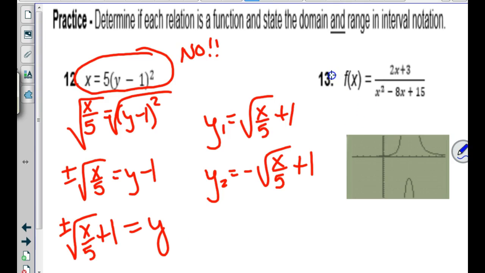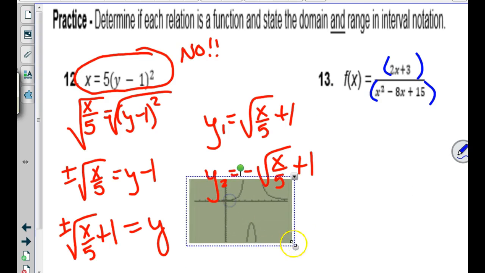All right, what about 13? Here's the graph. How would you type that in though? Maybe I should ask that before I... Yes, you've got to have parentheses around the whole top and the whole bottom, right guys? Okay, so the graph looks like this. Can you see it? We should probably have the light off, but let me try and make it a little bigger.